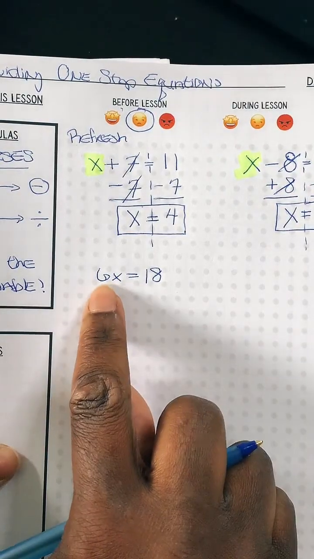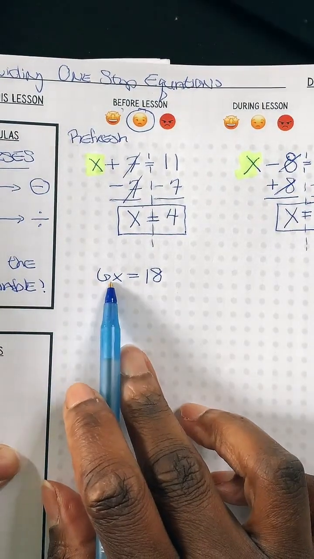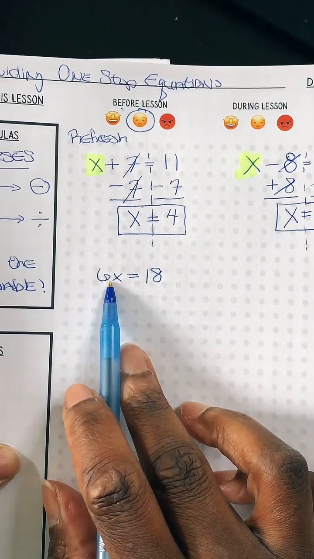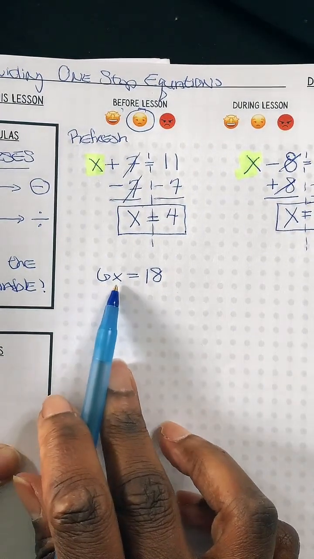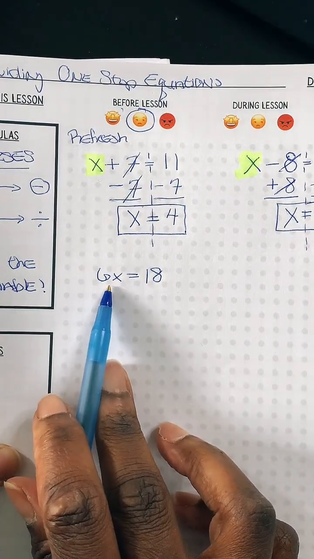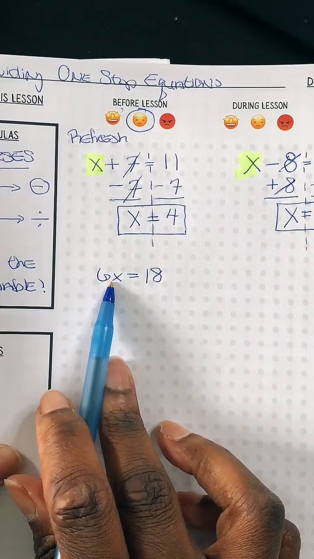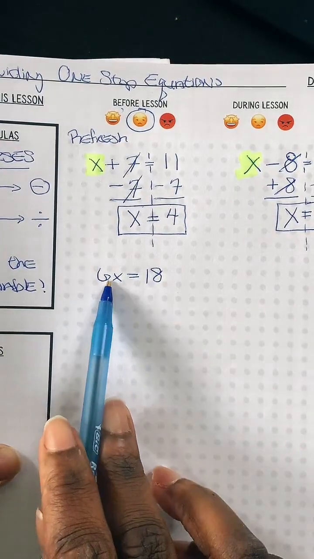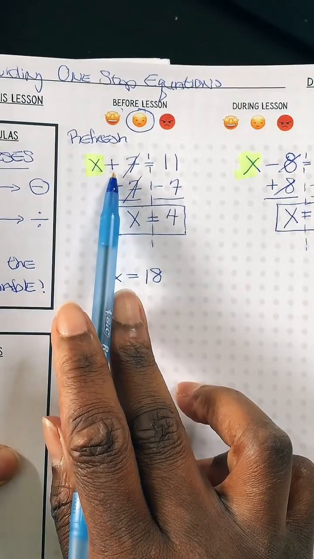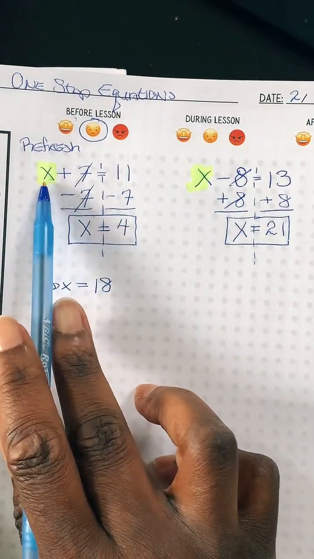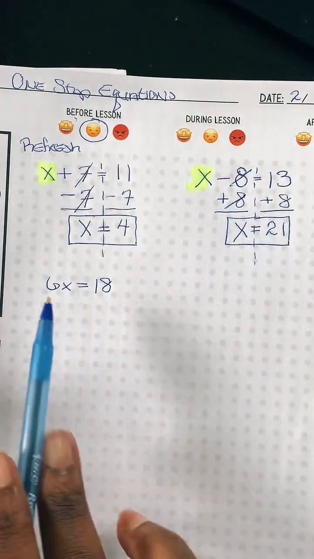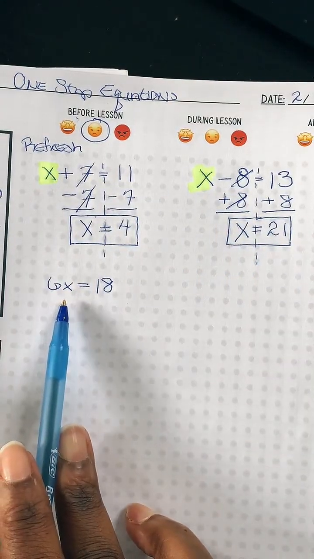So when you don't see a plus or a minus sign in between the 6 and the variable, that means this is multiplication. All right, so some people are just like, I don't know what's the difference in multiplication and division. So right now, if I don't have a plus or a minus sign, like we did for these, in between the variable and the number, that means you're doing multiplication.